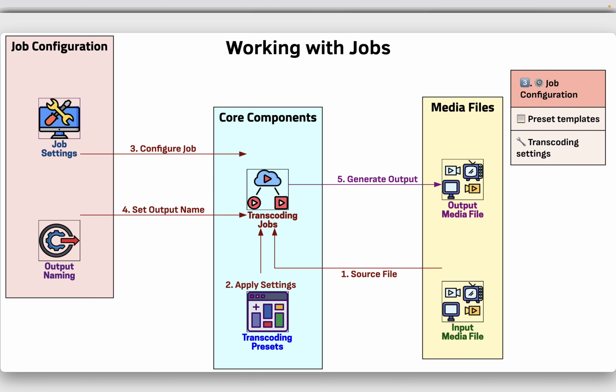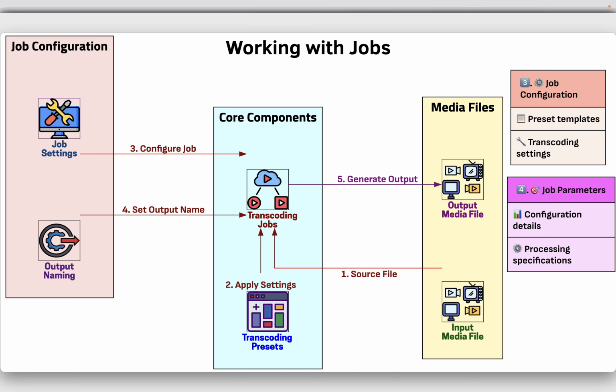Job configuration involves selecting and applying preset templates that contain the specific settings and parameters needed for the transcoding process. Job parameters encompass all the detailed configuration specifications that Elastic Transcoder needs to successfully process and complete the transcoding task.